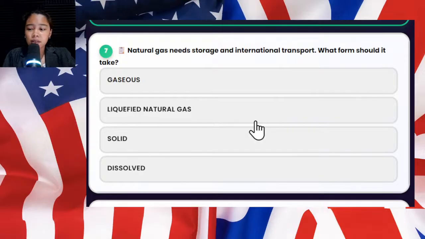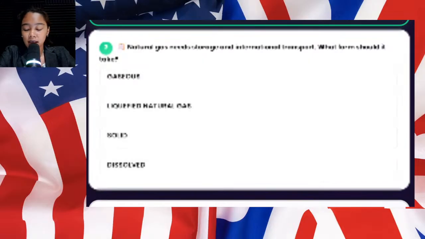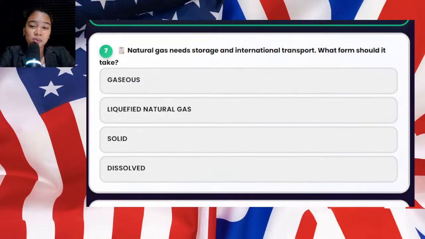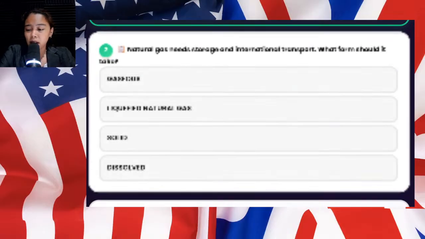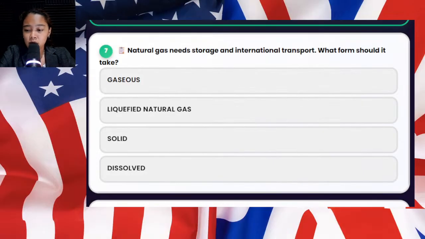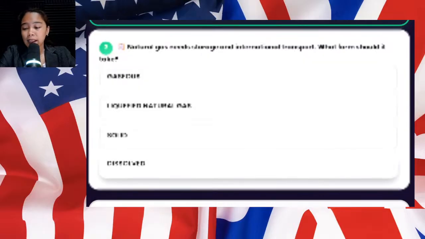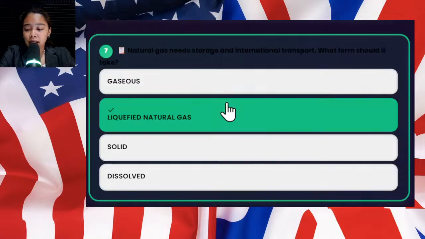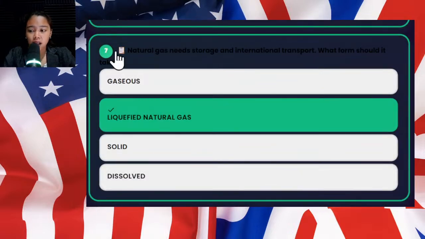Number 7, natural gas needs storage and international transport. What form should it take? In here, there's also one term that was included in our discussion, so it's much easier to identify the answer. That is liquefied natural gas, or LNG.